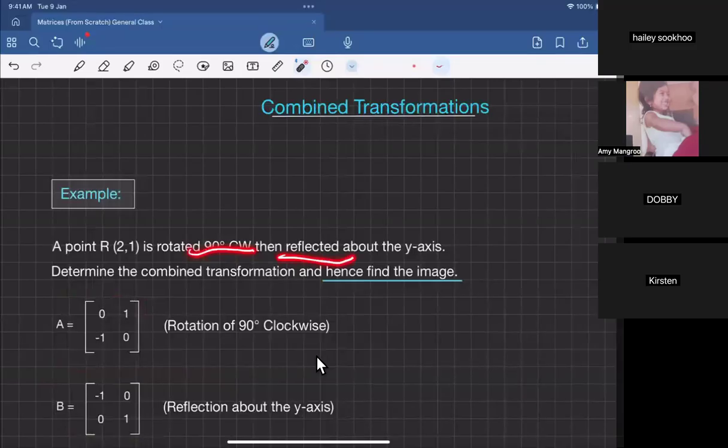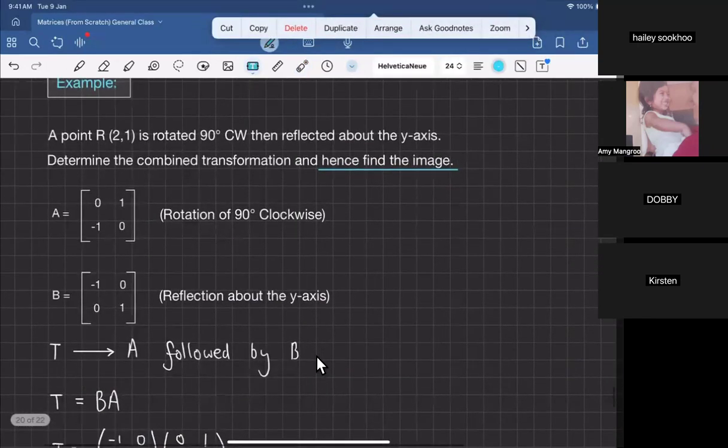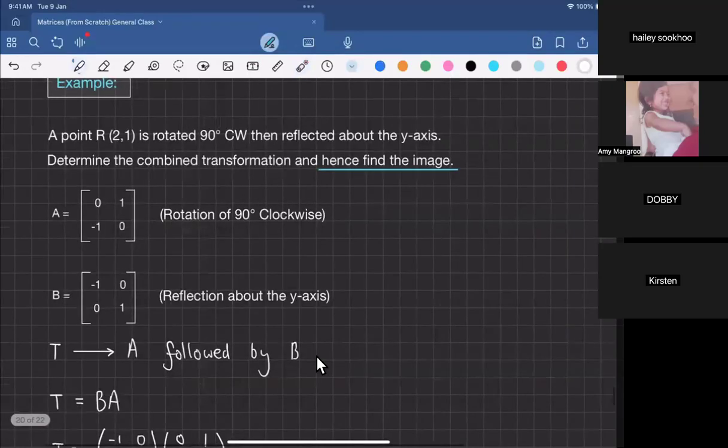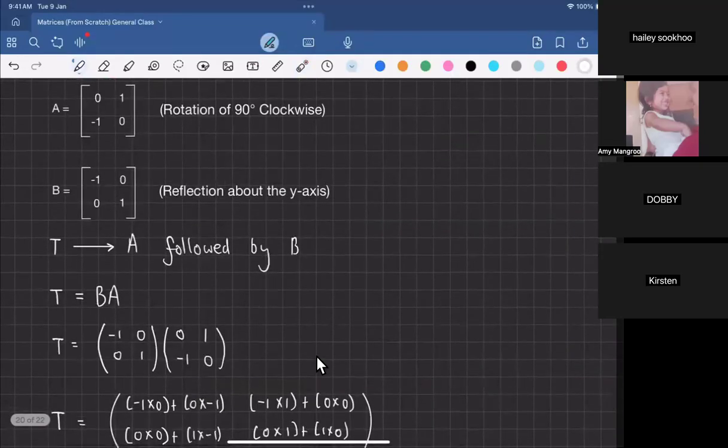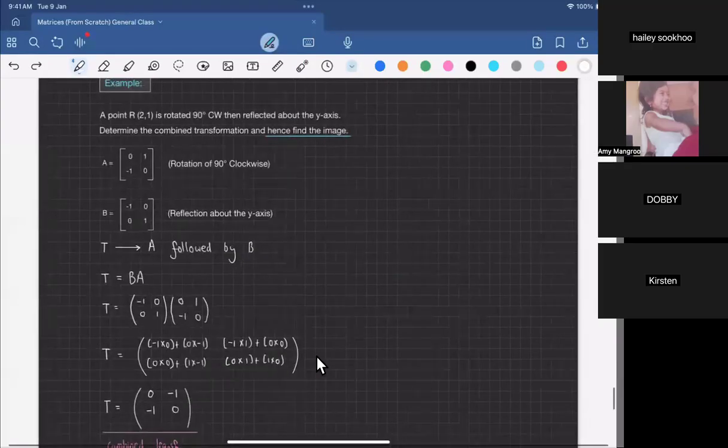That makes sense. But guys, that's actually not true. Although it's logical, to figure out the combined transformation, I'm going to multiply B first by A. I'm going to say B by A. That's the kind of controversial thing that's opposite to what we know. So Kiera, just keep that in mind.